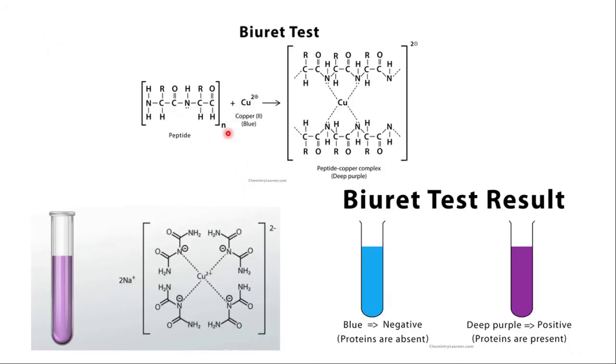So what is the reaction taking place? Any protein you take contains amide bonds. This amide bond is going to make a copper complex. This copper complex is violet in color. You know the color of copper sulphate solution is blue.